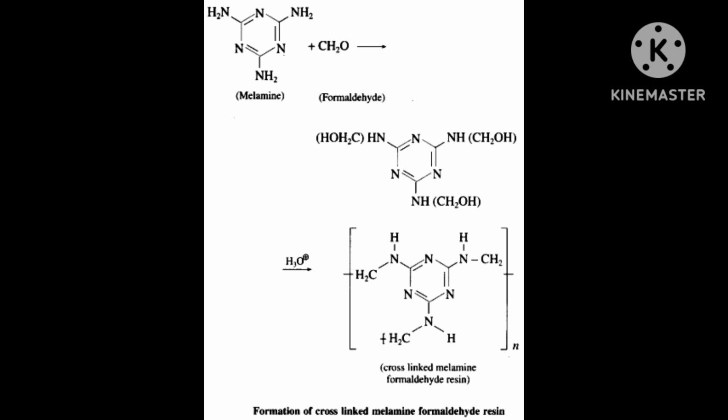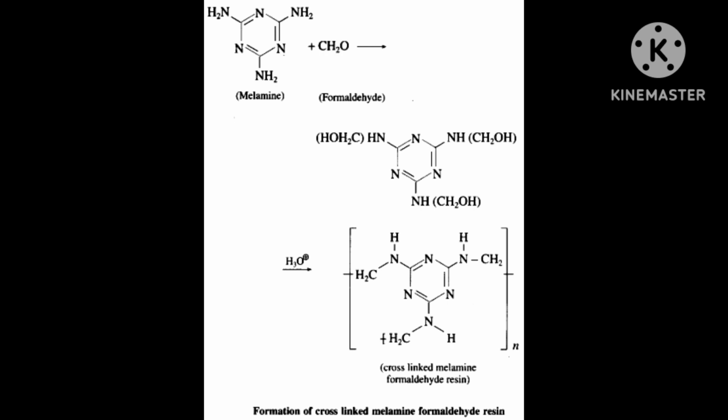Now the structure is very simple for bakelite, because here you have Novolac plus formaldehyde. Actually all things will be the same. Now Novolac was linear, but here you will get cross-linking. That's enough.